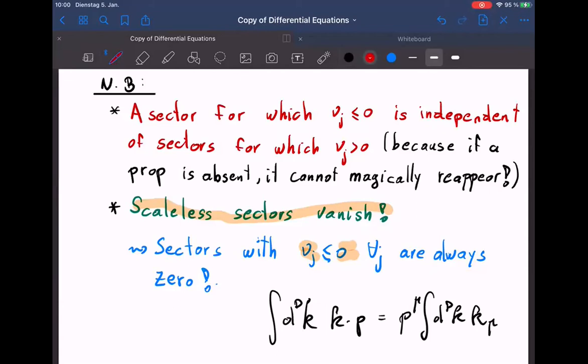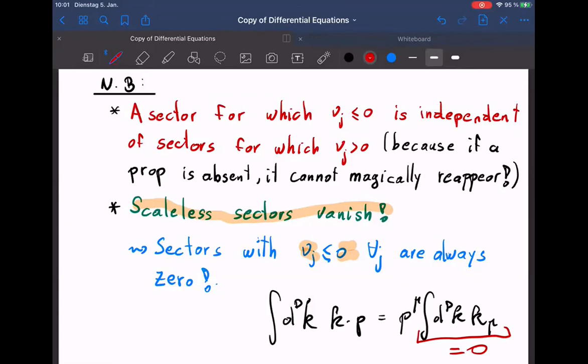So what I get is an integral which does not depend on anything, no energy scale. The energy scale I've taken out. The integral does not depend on an energy scale anymore, so this integral must be 0. And you can easily convince yourself that this will always be the case. As soon as you have an integral without propagators, which means that the nus are all negative or 0, this integral must be 0.